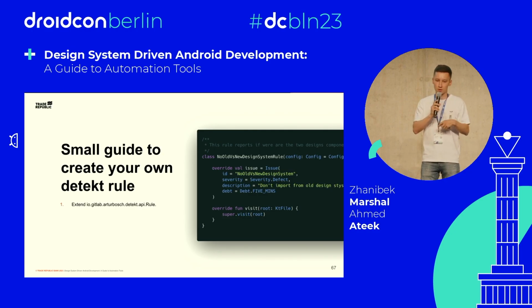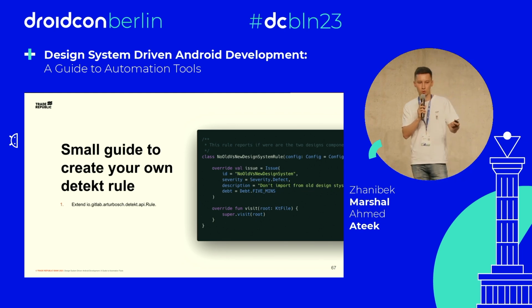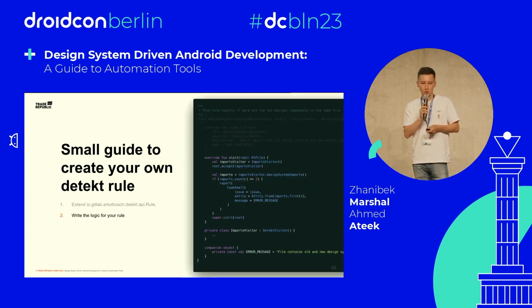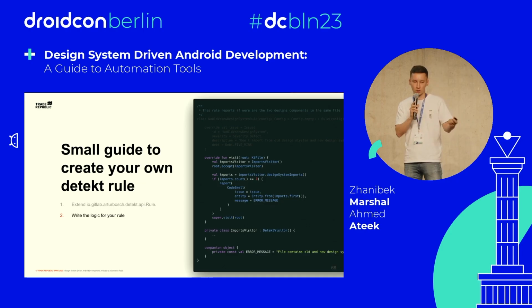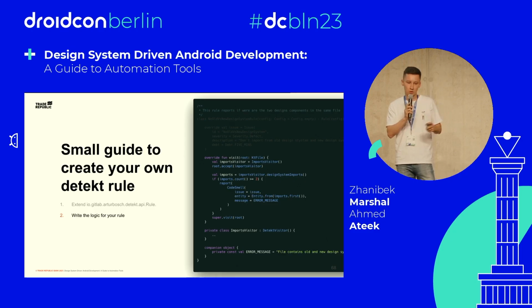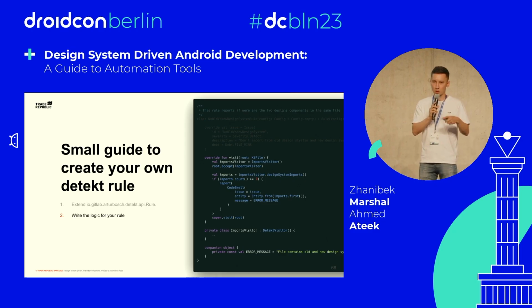So we applied this custom rule that checks that there are no more imports other than the one real design system that we want to use. So we have extended the Detekt rules and then applied the logic to check that there shouldn't be more than one import. But if it detects that there are 2 imports for the design system, then it's going to warn that it shouldn't be.